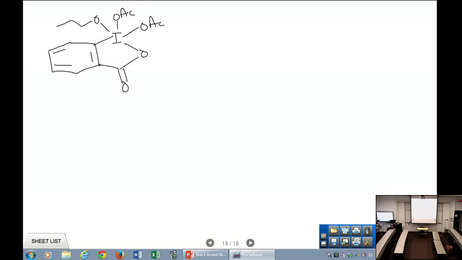Now I'm going to redraw this. I need to draw the acetate, the OAc, to do the next step of the reaction and move some stuff around. So I'm going to draw this big. This is the exact same structure we just had, but I'm drawing it larger so you can see all the arrows that are happening in this reaction.